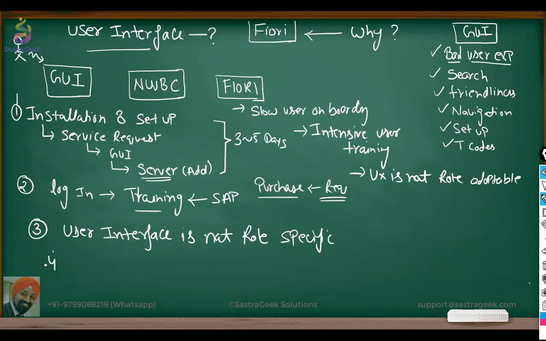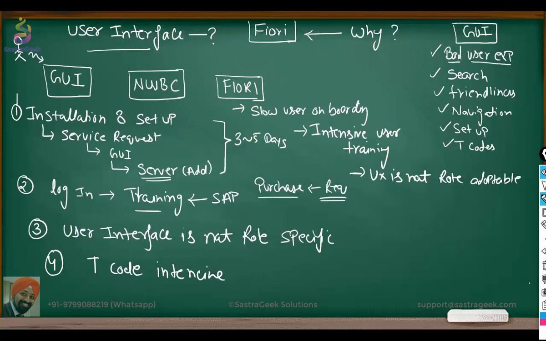The fourth thing is that even though we have provided the trainings, it's T-code intensive. The user needs to remember the T-codes he needs to use. Although he can put the T-codes in favorites and do all this stuff to make it easy for him, largely, if the user doesn't know the T-code, or doesn't know how to do the navigation, which is also quite complex.